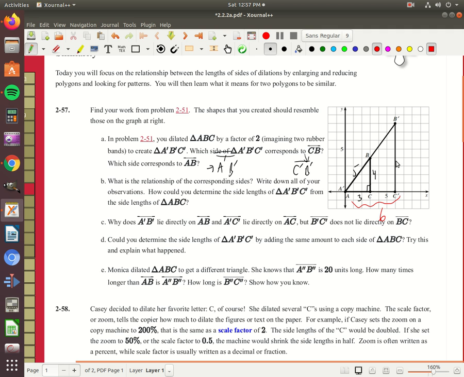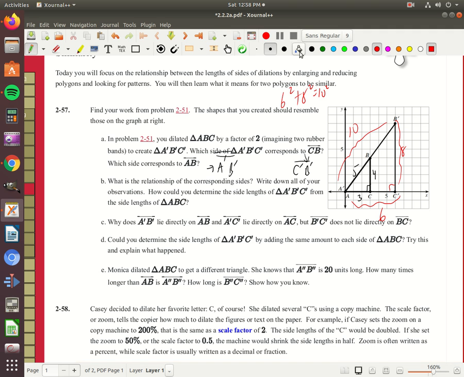And 1, 2, 3, 4, 5, 6, 7, 8 for B prime, C prime. And I'm guessing, hey, look, 3 times 2 is 6, 4 times 2 is 8, 5 times 2 is 10. So 6 squared plus 8 squared should equal 10 squared, obviously doing the Pythagorean theorem because this is a right triangle. So the leg squared plus the leg squared should equal the hypotenuse squared.